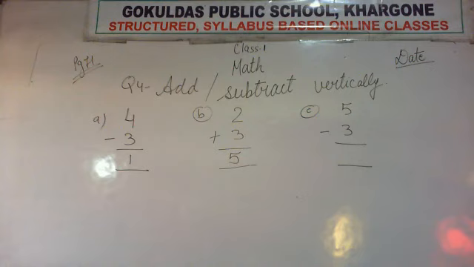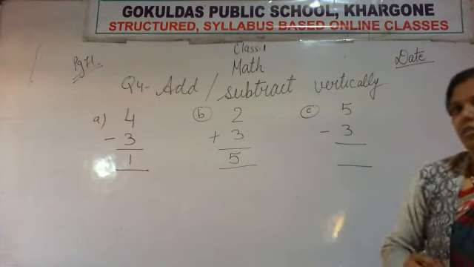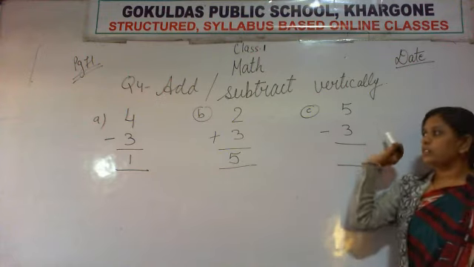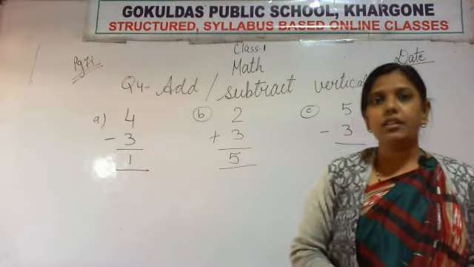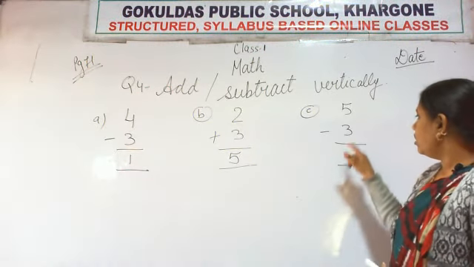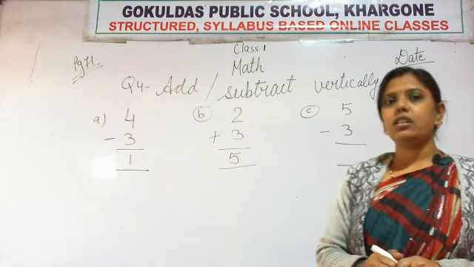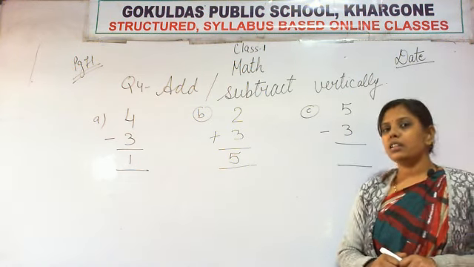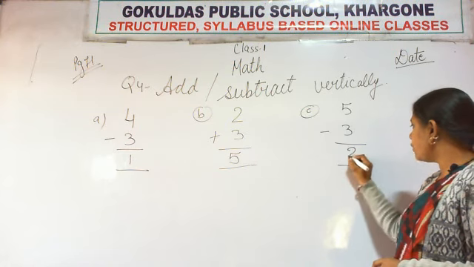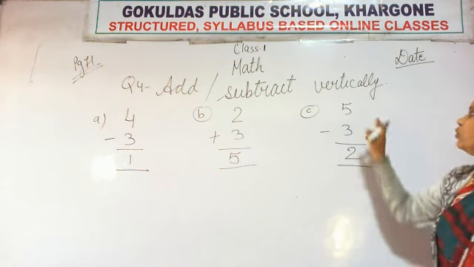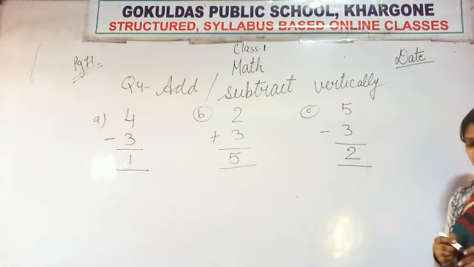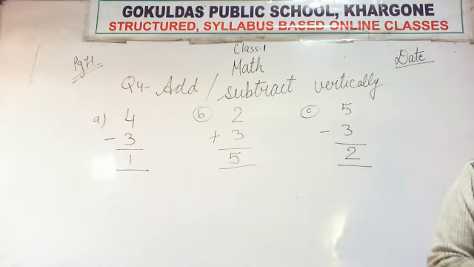So take out 5 fingers. Now close 3 fingers. How many fingers remain? Only 2. So 5 minus 3 is 2. Copy it fast.